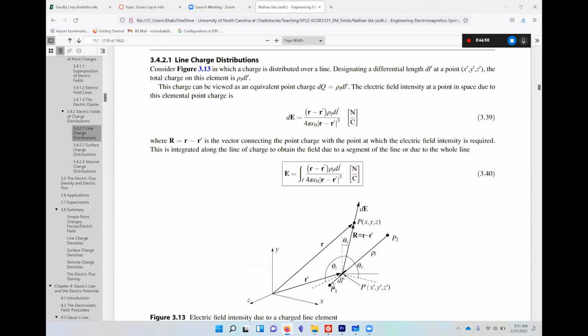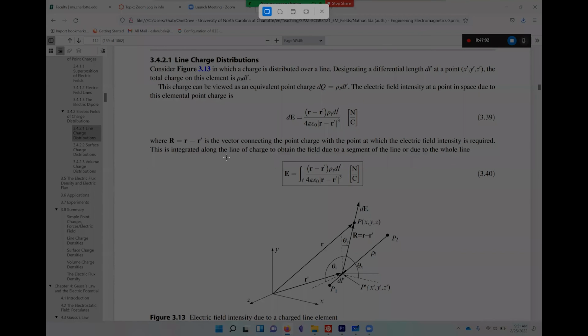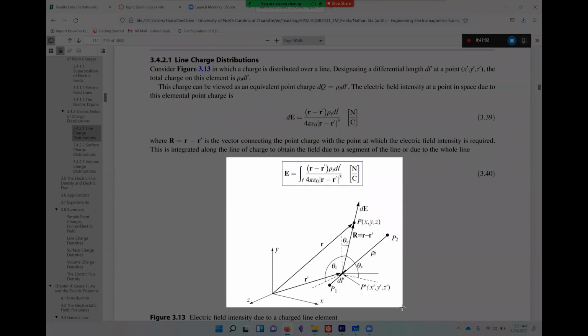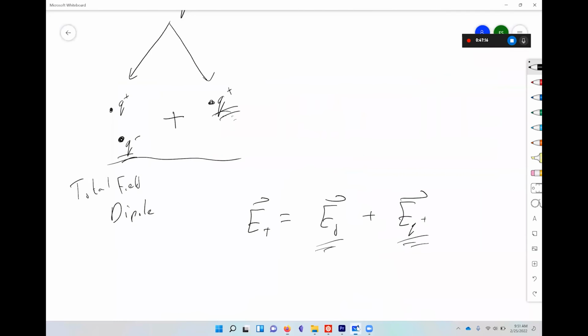So there's a wire moving in space, and then you divide that wire into really small segments. And this DL hat is one small segment, right? So essentially what you're doing is finding the field for that tiny segment using Coulomb's law, and then you're summing up over the whole line.